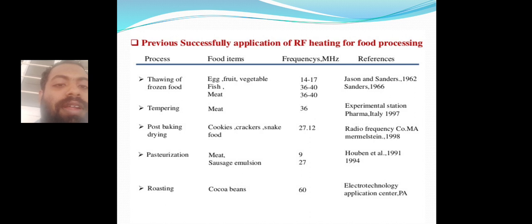As for tempering and post-baking, it is used for each food item. For example, for roasting cocoa beans, a frequency of 60 MHz is used in an electro-technology application system. These are the various previously successful applications of RF heating in food processing.